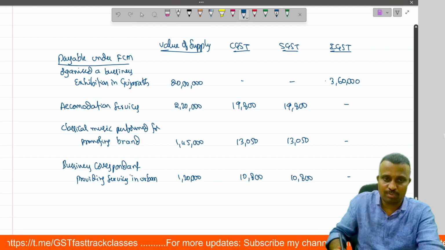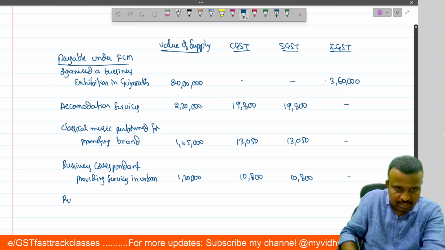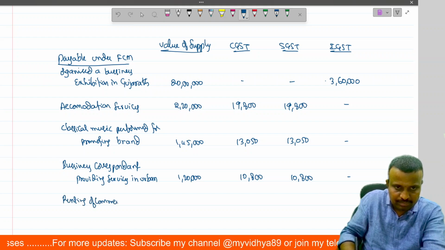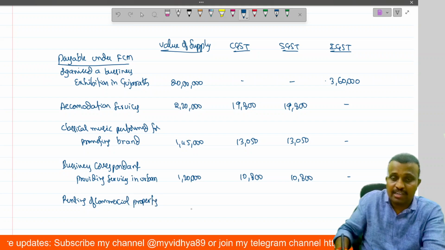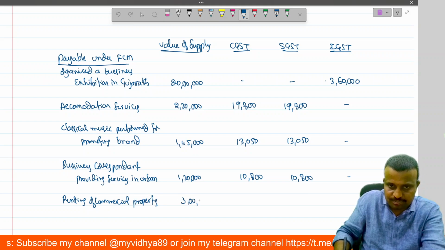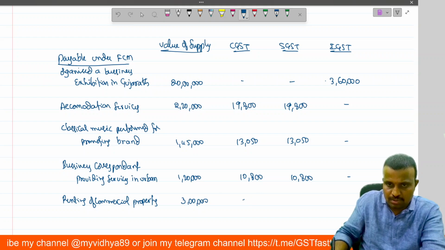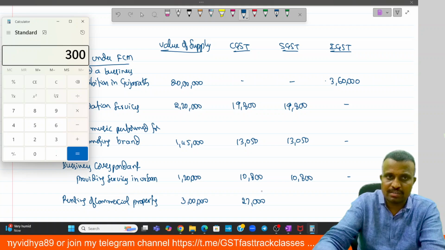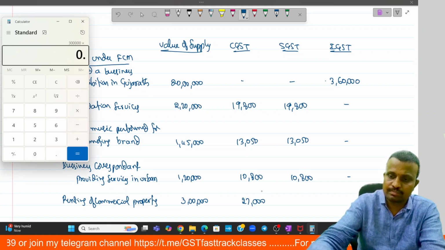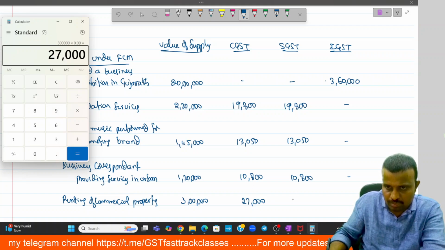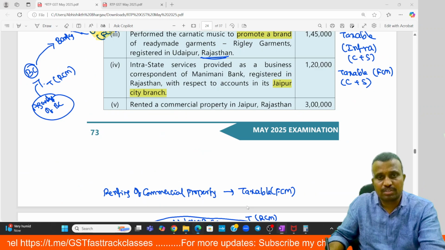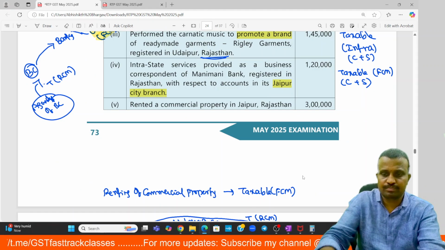So renting of commercial property in his personal capacity, right? 3 lakhs. So 27,000. Next.